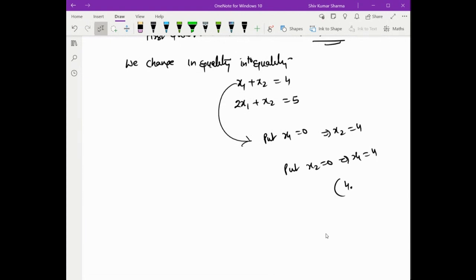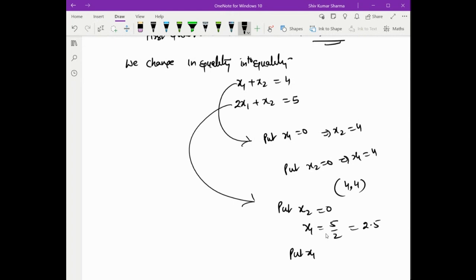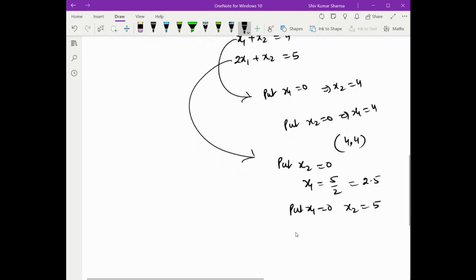So the coordinates for the first equation are 4 and 4. For the second, putting x2 equal to 0 gives x1 equal to 5 by 2, which is 2.5, and putting x1 equal to 0 gives x2 equal to 5. So the coordinates of the second equation are 2.5 and 5.